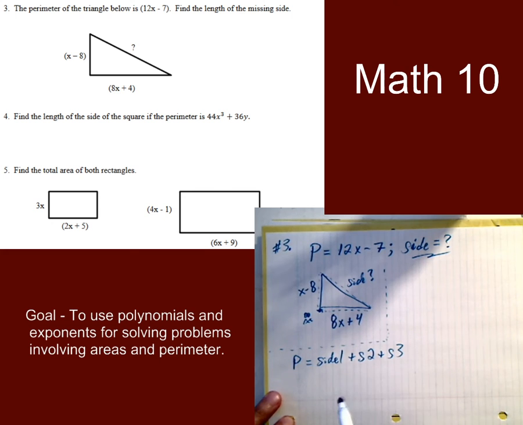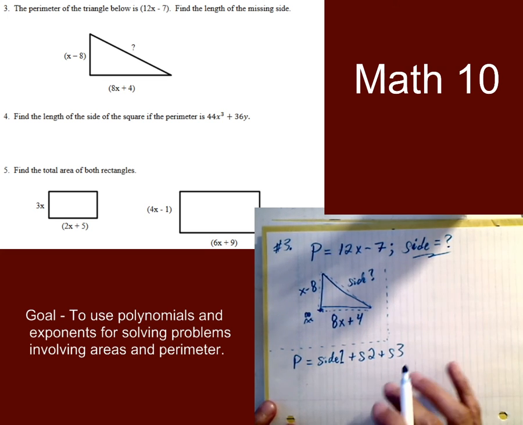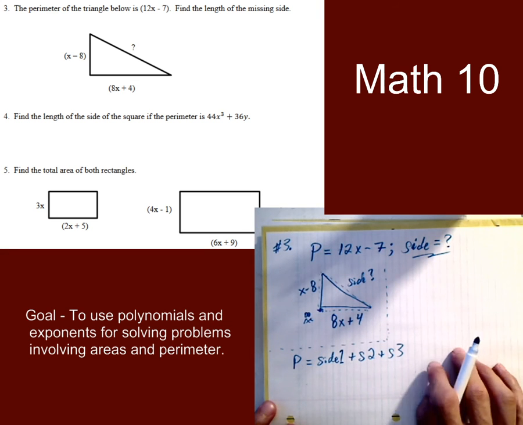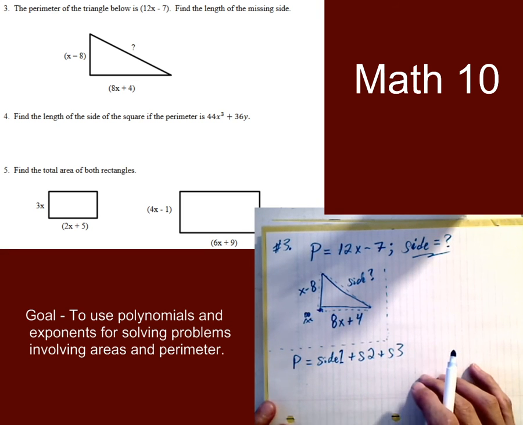See, got lazy right away. Didn't even bother writing side all the time. Just S1 plus S2 plus S3. It's a good idea to always start with a formula to help organize your thoughts. But then what we've got to do is substitute the info in that we know.